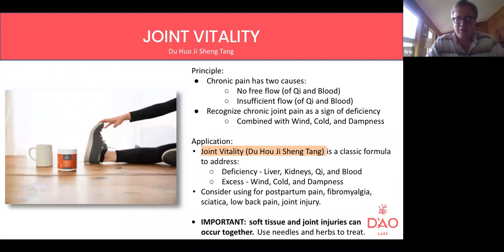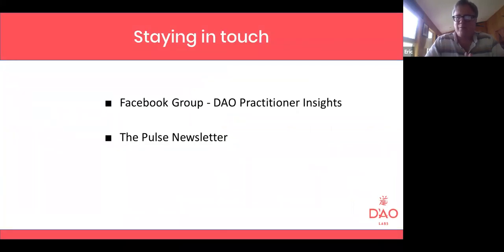That is going to be my little webinar in a nutshell. I've thrown a lot of information at you, particularly in regard to the Jinjin, the sinew channel therapy. Hopefully before too long, we'll have a major CE presentation on that.